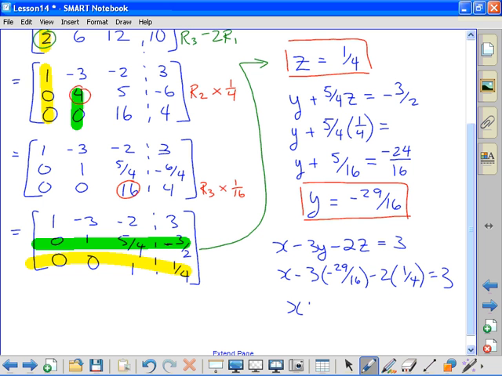I see that I'll have x plus, now 3 times 30 is 90, so you go less 3, so that's 87/16. And I want everything over 16. So 2 times 1/4 is 1/2. So that means I want it over 16, so I multiply top and bottom by 8. So that'd be 8/16. And I want this over 16. So 3 times 16, 48.